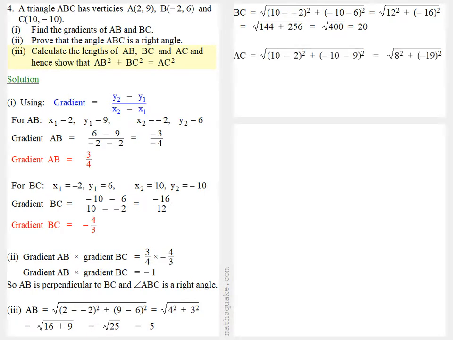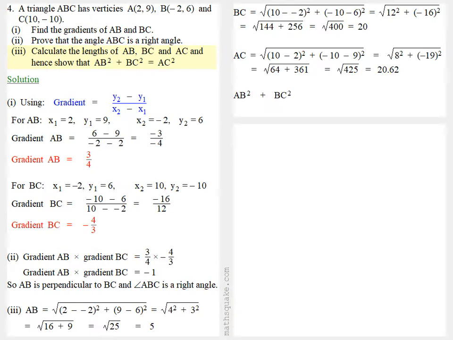Now the length of AC is the square root of 10 minus 2 all squared plus minus 10 minus 9 all squared, which is the root of 8 squared plus minus 19 squared, which is the root of 64 plus 361, or the root of 425, which equals about 20.62.